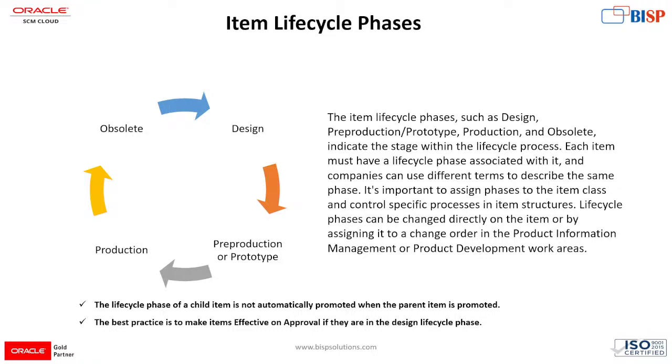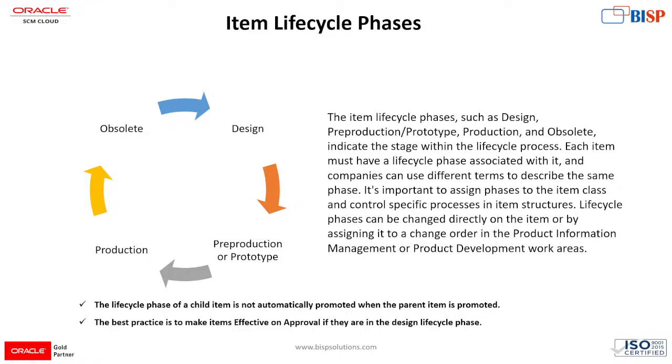Change the life cycle phase in the product information management area. You can change the life cycle phase directly on the item or by assigning it to the change order for the commercial item. In the product development work area, you can change the life cycle phase of an item by assigning it to the change order.